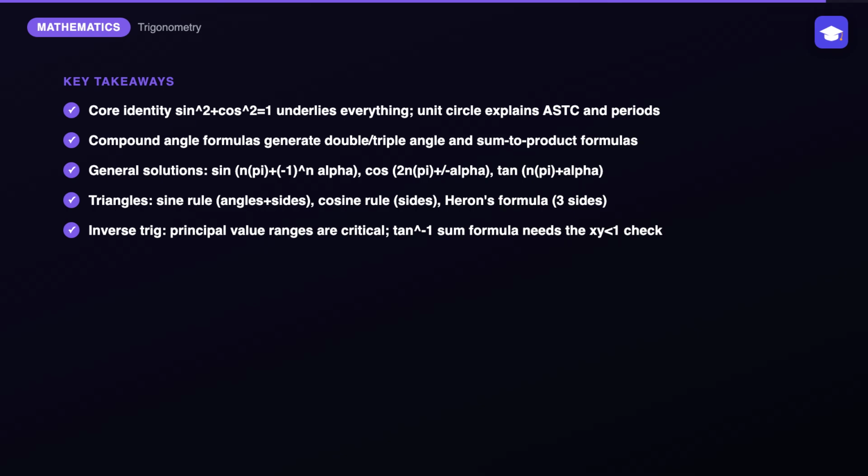General solutions require the specific standard forms for sine, cosine, and tangent equations, and triangle properties use the sine rule, cosine rule, and area formulas depending on what's given. Inverse trigonometric functions require careful attention to principal-valued domain and ranges, with several key identities holding only under specific conditions, and always verify your final answer's range before accepting it.